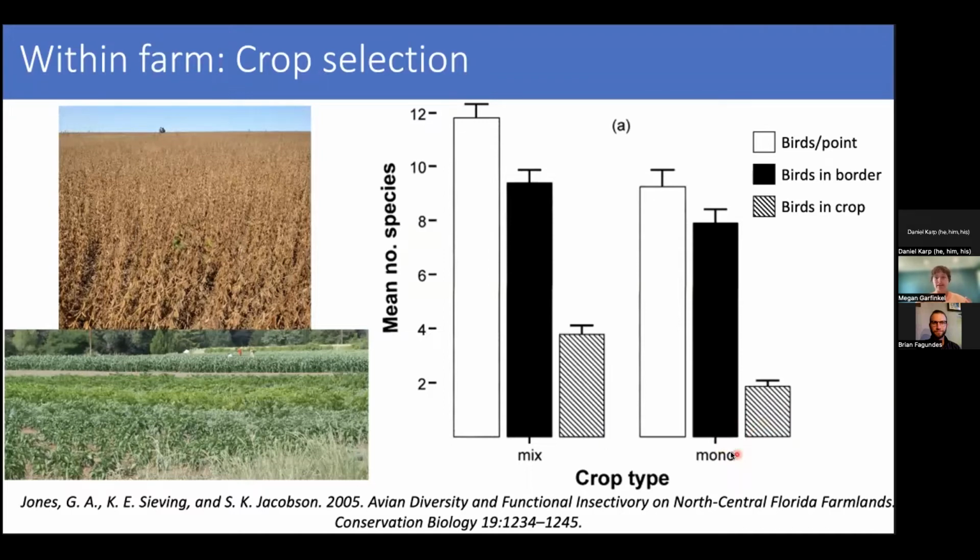So for instance, you might have swallows or other aerial insectivores that are going to be catching the insects that are flying through the air. And then you might have some of the birds that spend more time closer to the ground that are actually picking the insects off the leaves. And so when you have these more species, you generally see that's going to allow you to have often more pest control services.